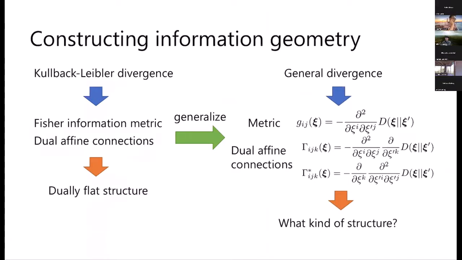But we are also interested in what if we use a different divergence other than KL divergence? We can start from another divergence measure, then derive the metric and dual affine connections in the same way as we did with the KL divergence. So we can have a more general metric and affine connections, and we can ask what kind of structure this is, right?